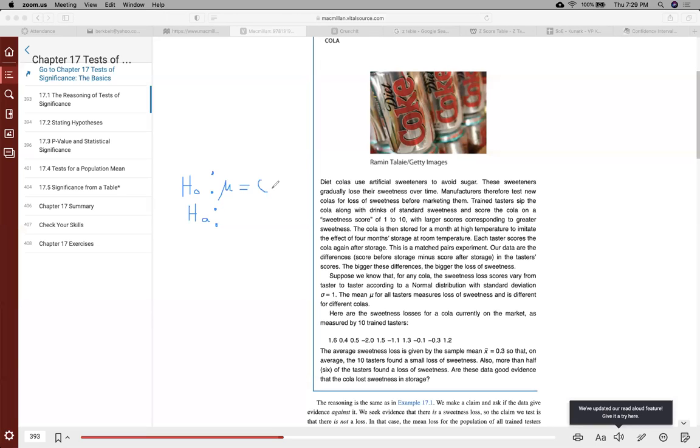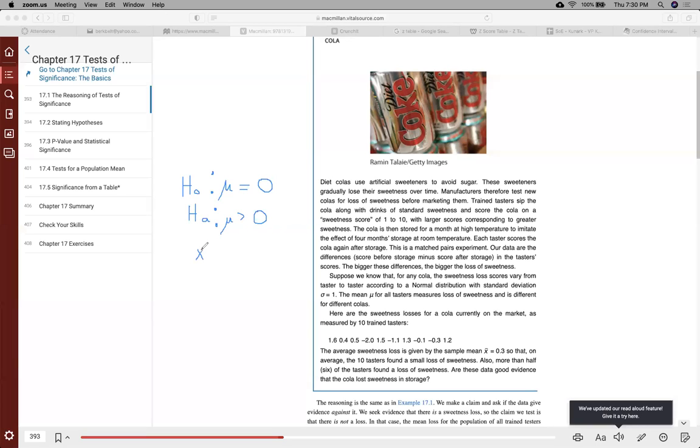We're testing, yes, exactly, loss of sweetness, which means if there's no loss of sweetness, mu should be equal to 0. And if there is a loss of sweetness, mu should be greater than 0. So we have a one-sided test where we are testing against the null hypothesis, where no sweetness is lost, that the difference is 0, against the alternative where mu is greater than 0.